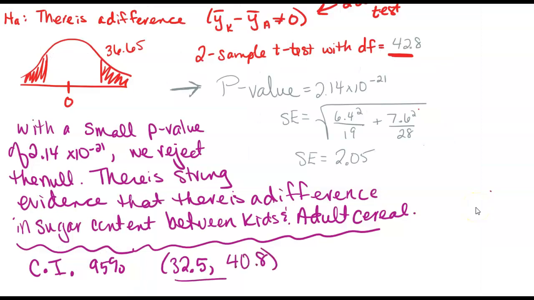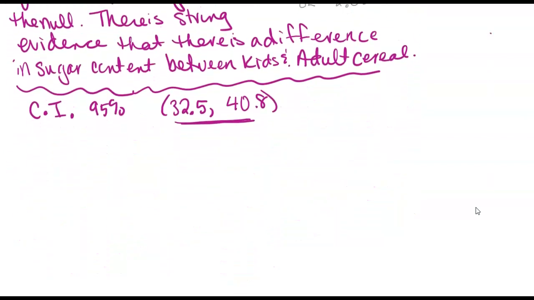Now, you notice how this is always positive? Because it's always positive, that means that kids' cereal is always higher than adult cereal. If it went from a negative number to a positive number, then that means sometimes adult cereal would be higher. But for now, because it's always positive, that means kids' cereal always has more sugar content.